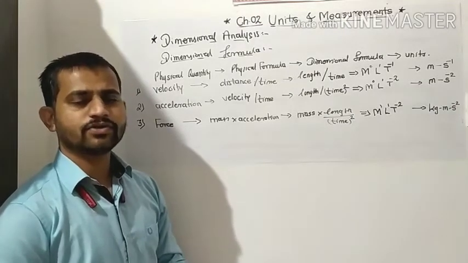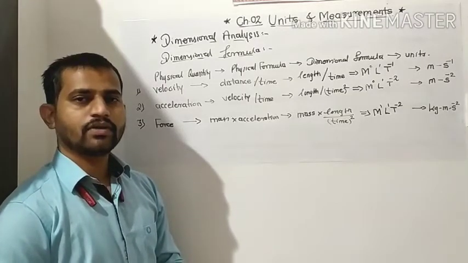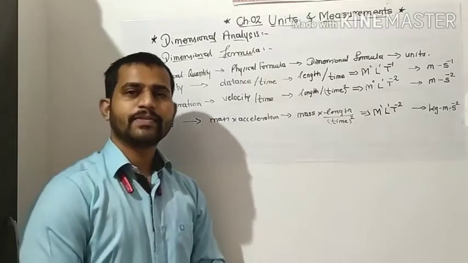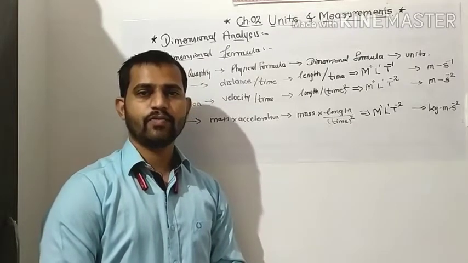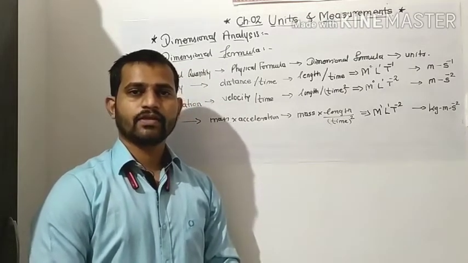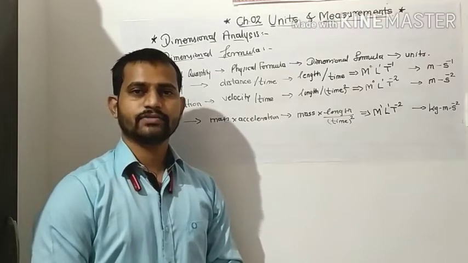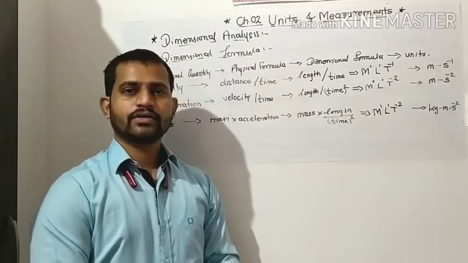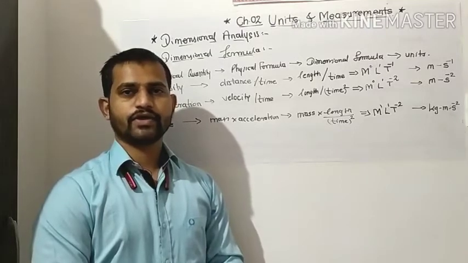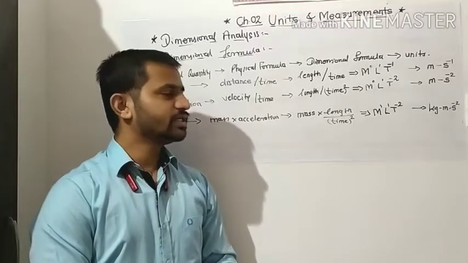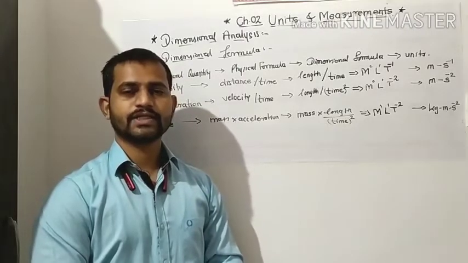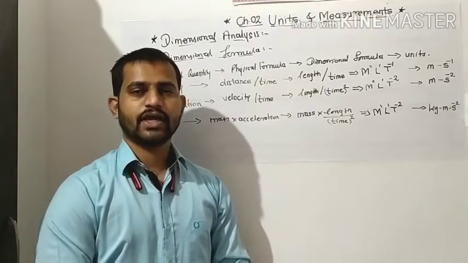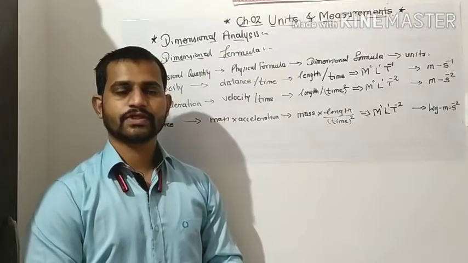Now, what is the purpose of the dimensional formula? These are some basic dimensional formulas which we have to remember for further physical quantities like work, energy, momentum, and surface tension.